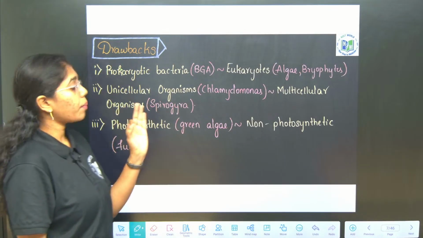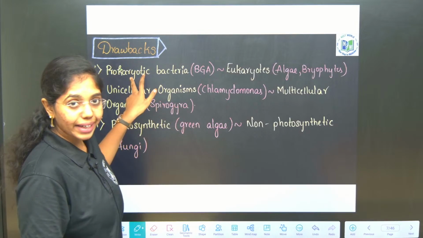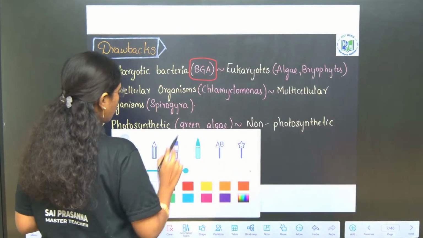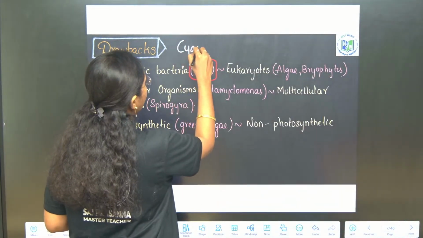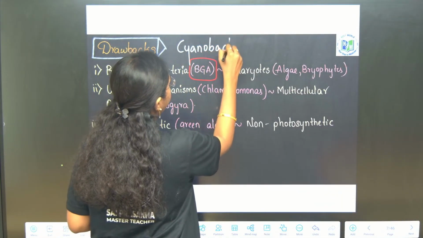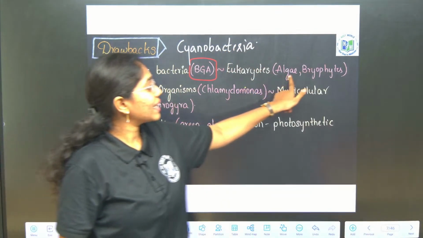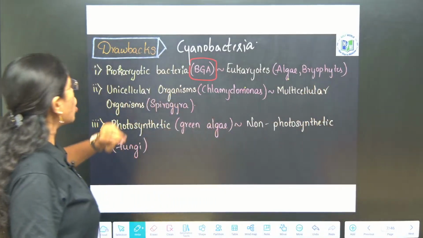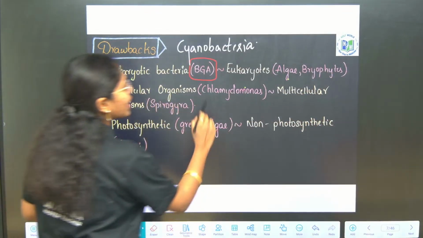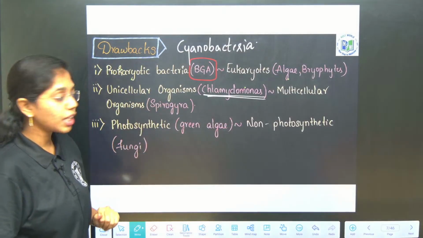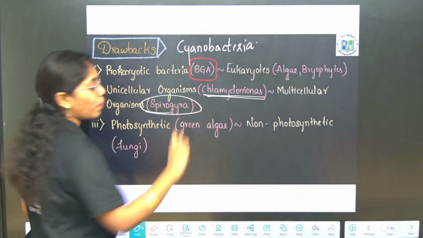The major drawbacks include prokaryotic bacteria like blue-green algae, cyanobacteria, being placed along with eukaryotes like algae and bryophytes. Next, unicellular organisms like Chlamydomonas, which is a unicellular alga, were placed along with multicellular organisms like Spirogyra.